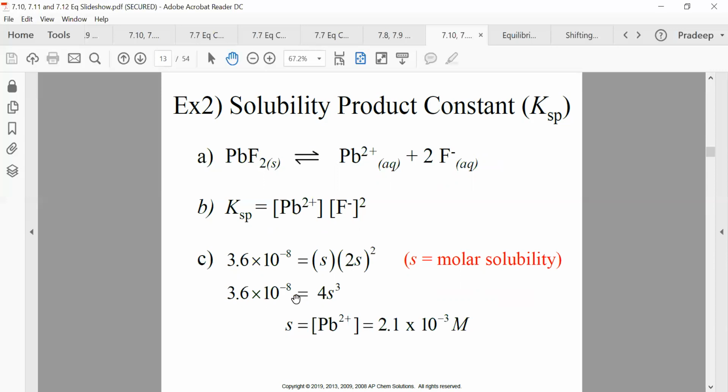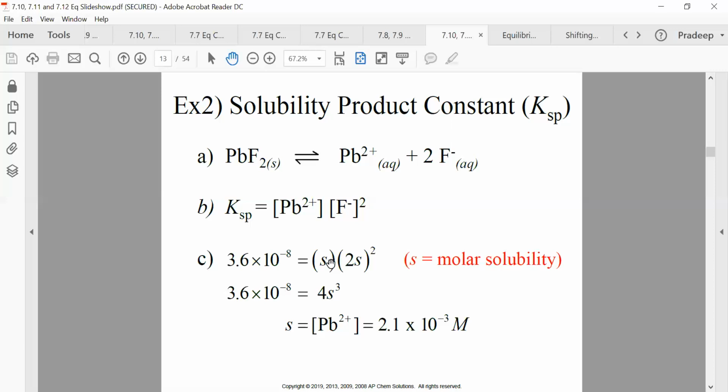When you do the whole thing, 2S squared times S is 4S squared times S, which is 4S cubed. When you calculate the value of S, the molar solubility, it is 2.1 times 10 raised to minus 3.